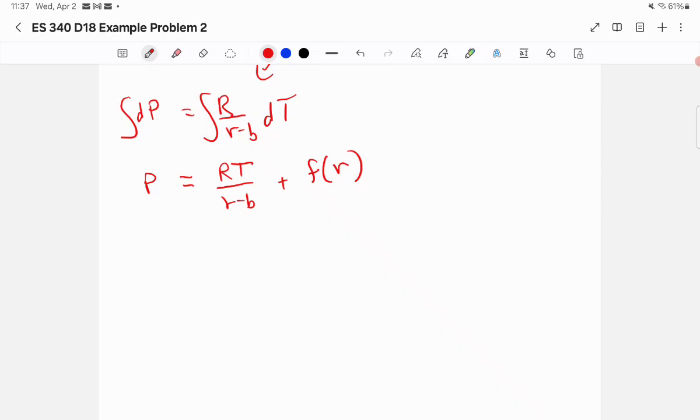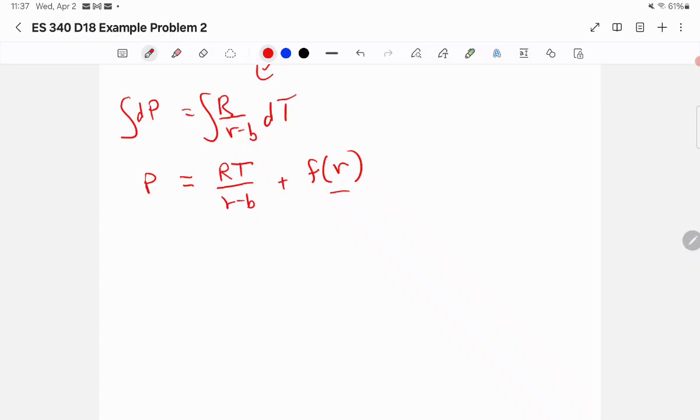Okay, so what ends up happening is this is some arbitrary function of the volume, but the nice part of it is it's only a function of the volume, not of the temperature. So that will help us here.